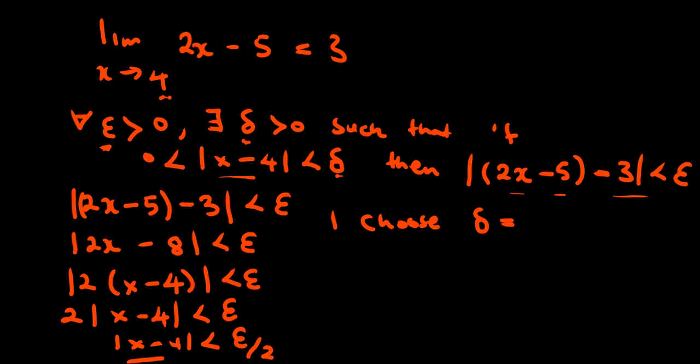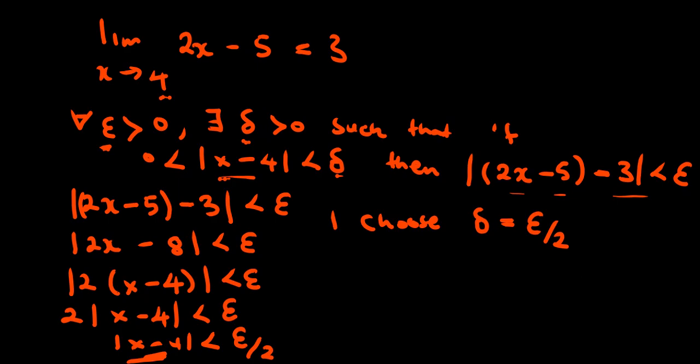So down here we have that modulus of x minus 4 is less than epsilon divided by 2. Then I know from the top, from the statement that I had written, that modulus of x minus 4 is less than delta. So this could be replaced with delta. Then I will choose my delta to be epsilon over 2.